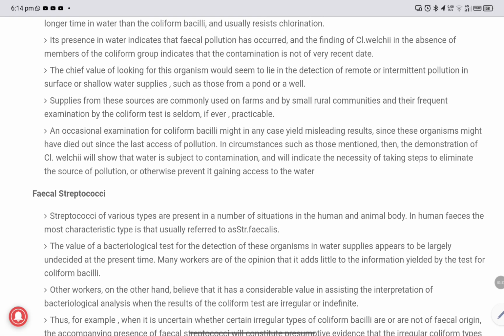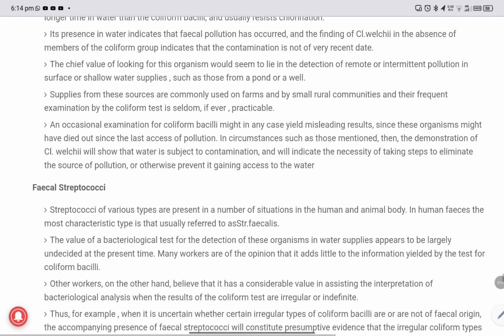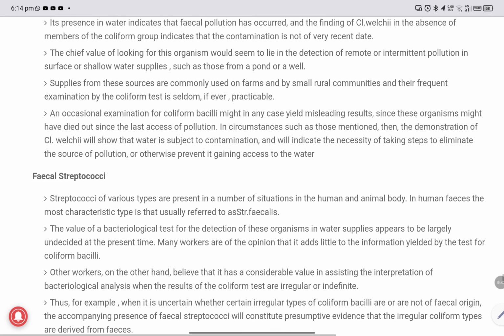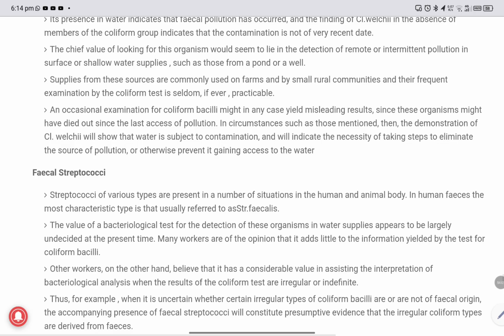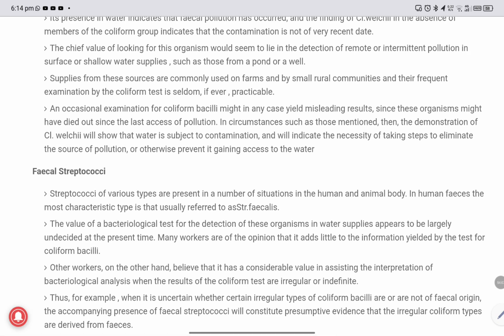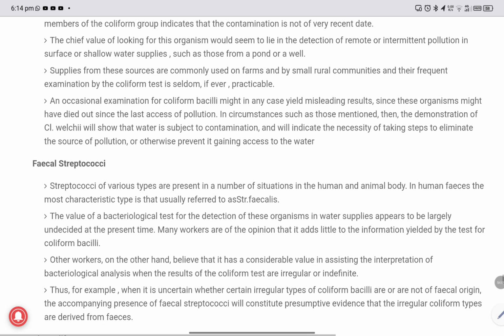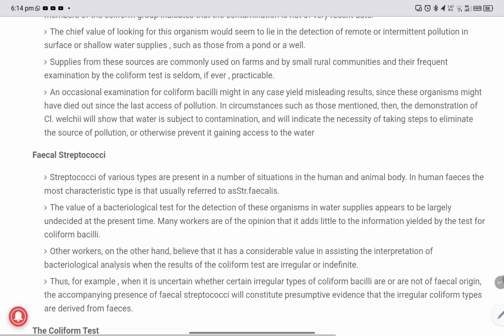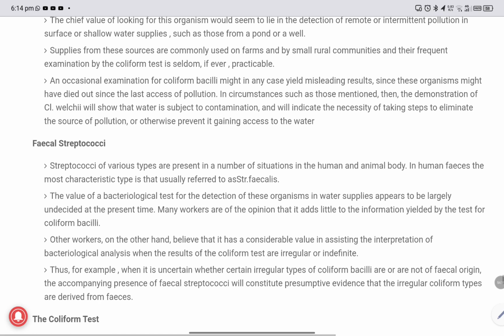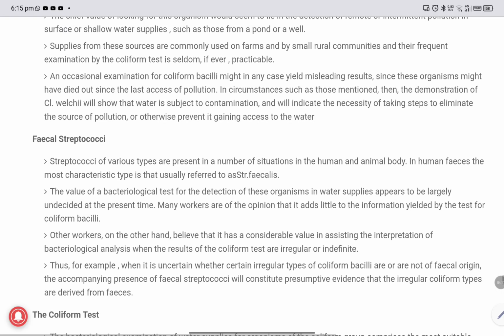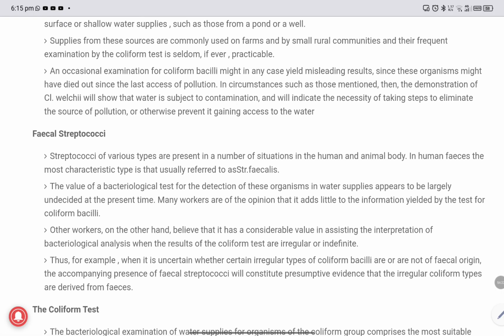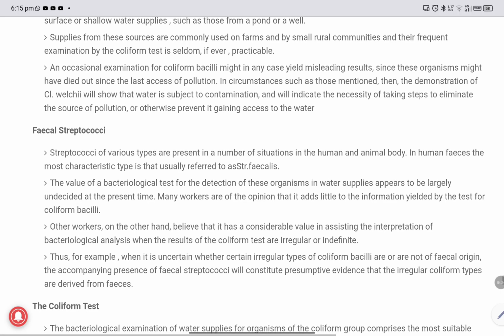Supplies from these sources are commonly used on farms and by small rural communities, and their frequent examination by the coliform test is seldom, if ever, practicable. An occasional examination for coliform bacilli might in any case yield misleading results, since these organisms might have died out since the last stage of pollution.